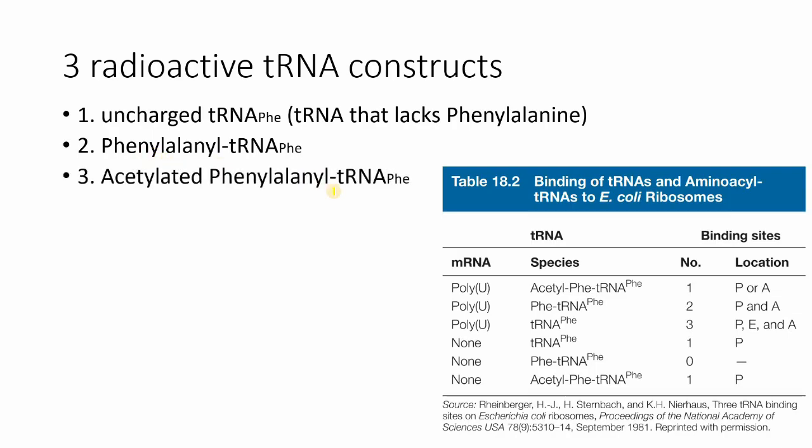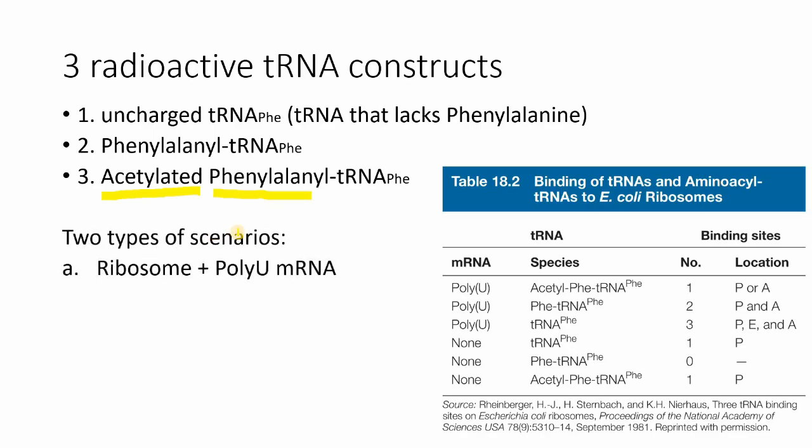The third construct is kind of special because not only did it have phenylalanine on the tRNA, but the phenylalanine was also acetylated. So this tRNA was behaving as if it had not only one amino acid on it, but an acetyl group which acted as a second amino acid. The idea behind this construct was that it was supposed to be an analog of a dipeptide charged on a tRNA.